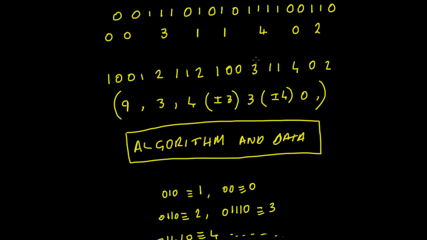Now how we define the number 3 would be up to us, so we could have an instruction 3. I just put in I3, I stands for instruction. Now that could be anything, it could be move left, move right, or stop, or whatever instruction you want. And we would have the number 3 here, and again an instruction 4 asking it to go and do something, and then a 0 followed by a comma.